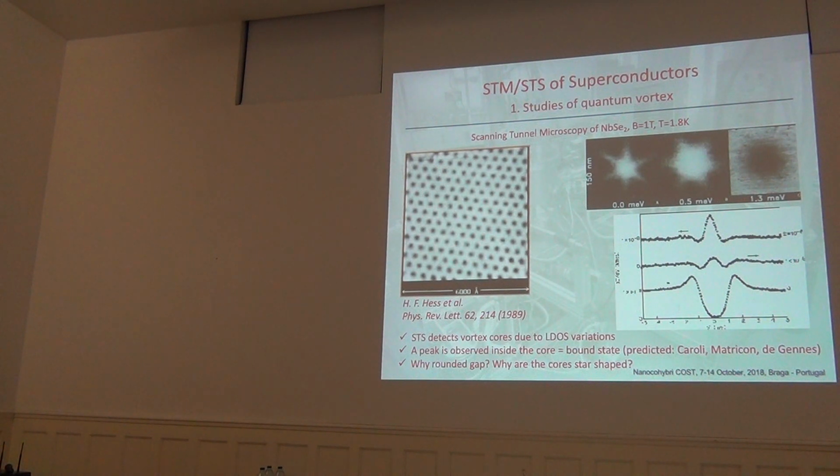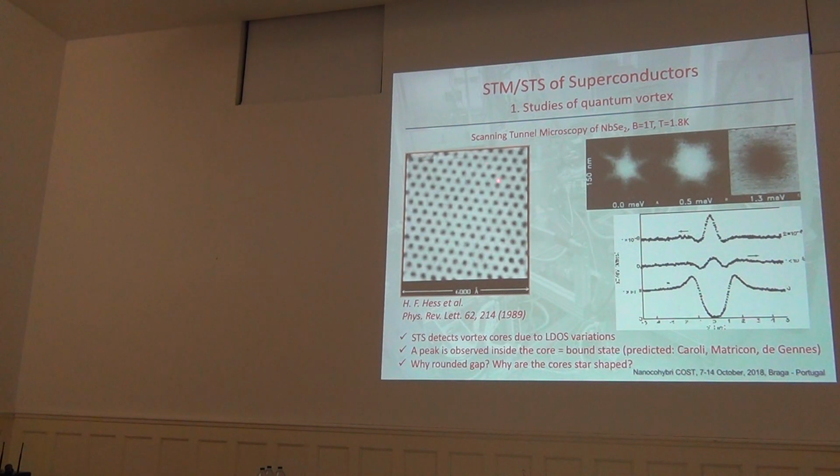If there is a superconducting gap, you put a white point on this image. If there is no superconducting gap, you put a black point. You do your spectroscopy, you move a step further, you do the same, and 24 hours after this, you finish your image and you get all this. Okay? So this was the proof that the STM measures the vortex cores.